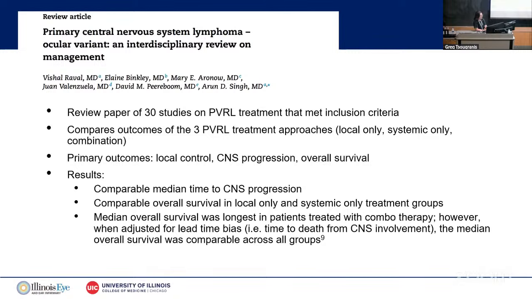So even with systemic therapy, this review didn't show a delay in CNS progression. The overall survival was similar in the local and systemic only treatment groups and initially seemed promising in the combo therapy, but when adjusted for lead time bias, the median overall survival was comparable across all groups.